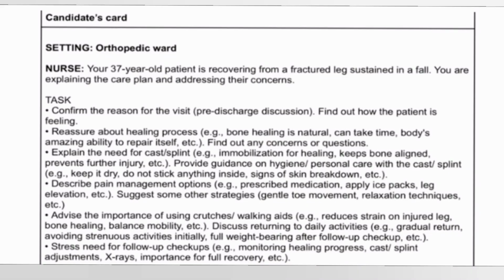Well, Miss Susan, it is also very important and required for you to do your follow-up checkup properly for monitoring your healing progress, as well as your cast and splint adjustment to reduce your irritation.